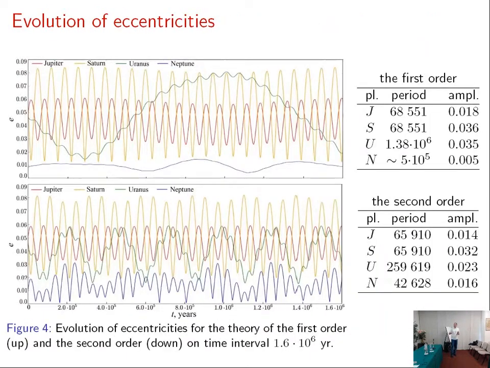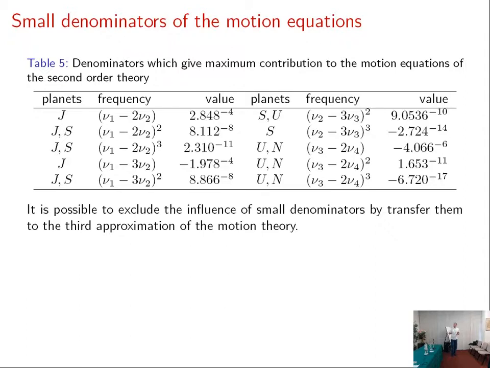But these are for the secular motions. Well, you average over short periods, but you have the great inequality.